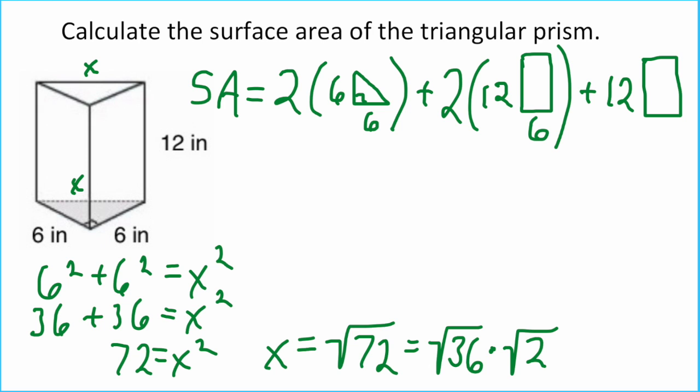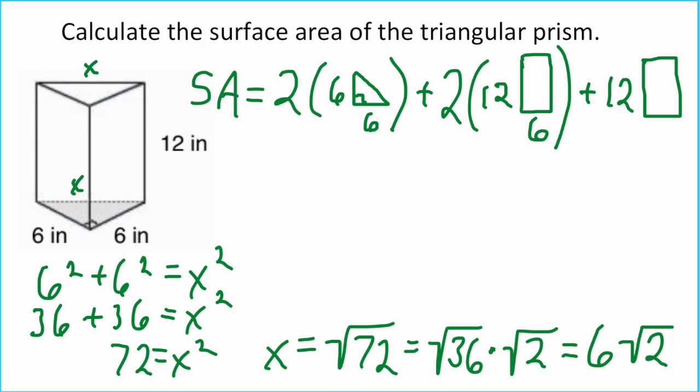Radical 36 times radical 2 is 6 radical 2. Look, this is an isosceles right triangle, which means it's a 45, 45, 90 triangle. So I didn't have to do Pythagorean theorem. I could have just used the pattern. We have sides of 6, 6, and 6 radical 2. And then that goes as our base, and then the rest looks like problems we've done.